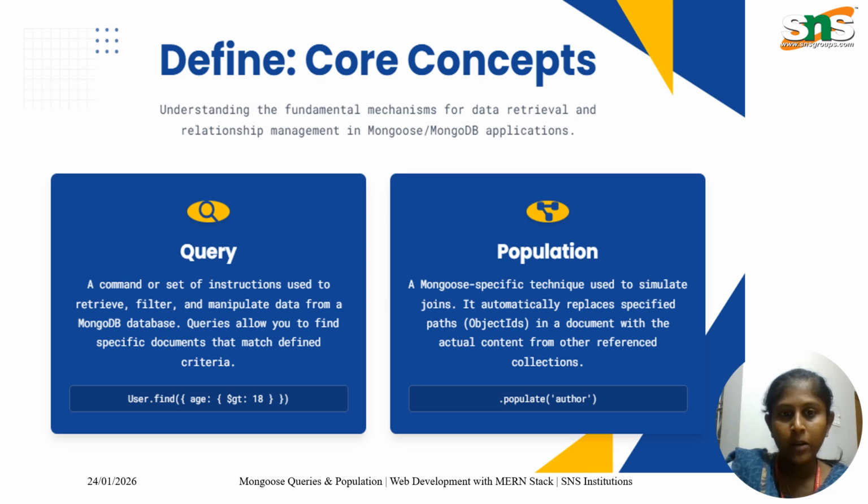Instead of manually combining data from different collections, population automatically replaces referenced IDs with the actual documents. For example, here populate author will replace an author ID with a full author document. In summary, queries help us to find the right data. Population helps us to connect related data across collections.